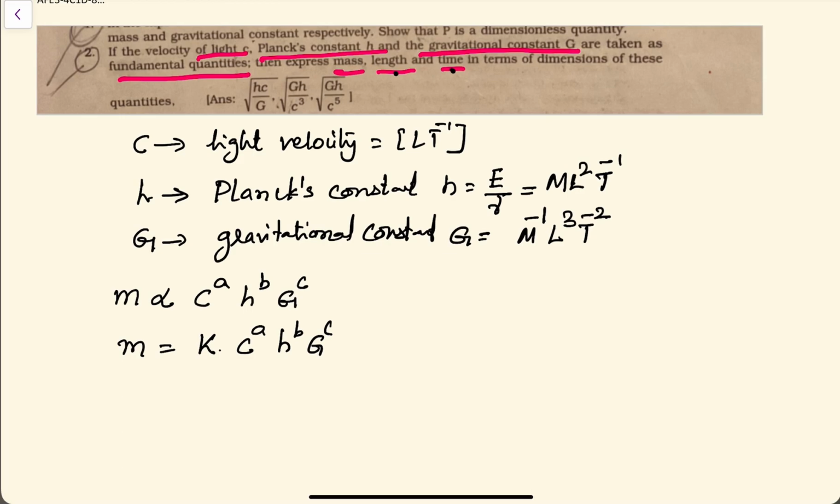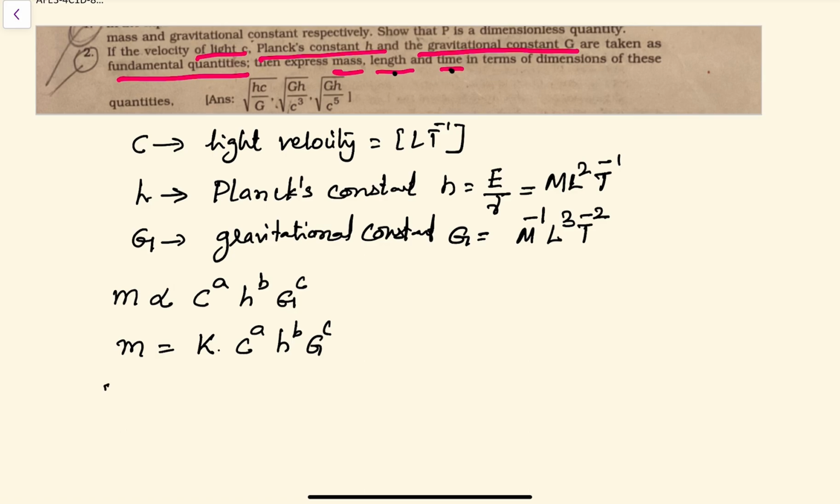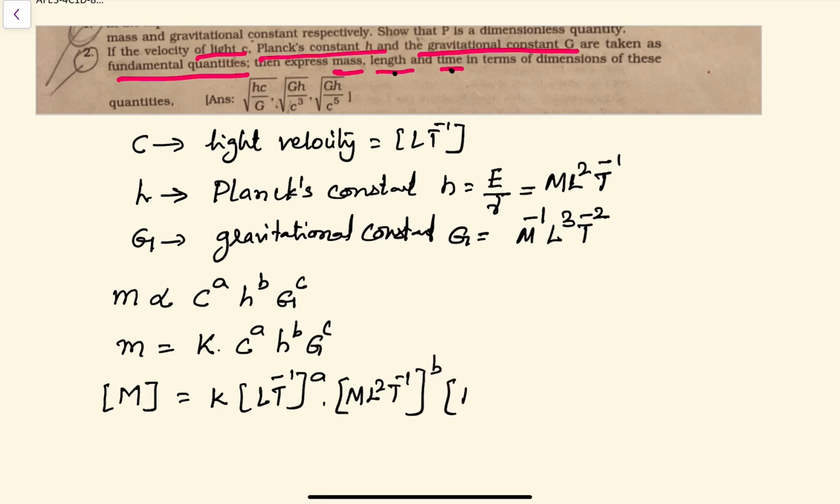Right? Now apply dimension formulas on both sides. M is equal to some constant (L T power minus 1) power a, and h value M L square T minus 1 power b, G value M power minus 1 L cube T power minus 2 power c. Right?